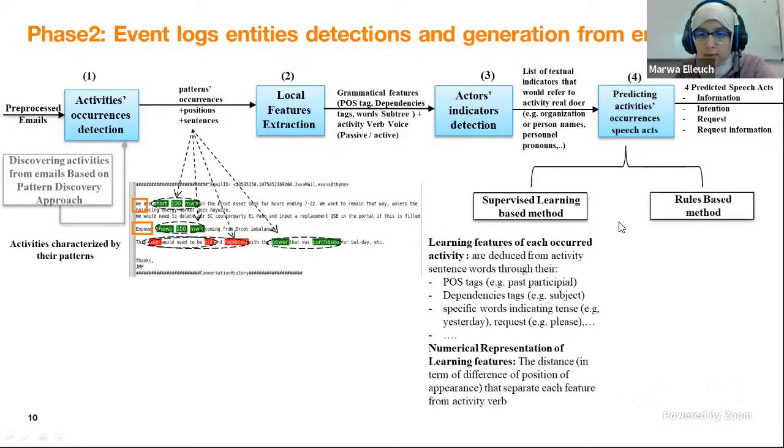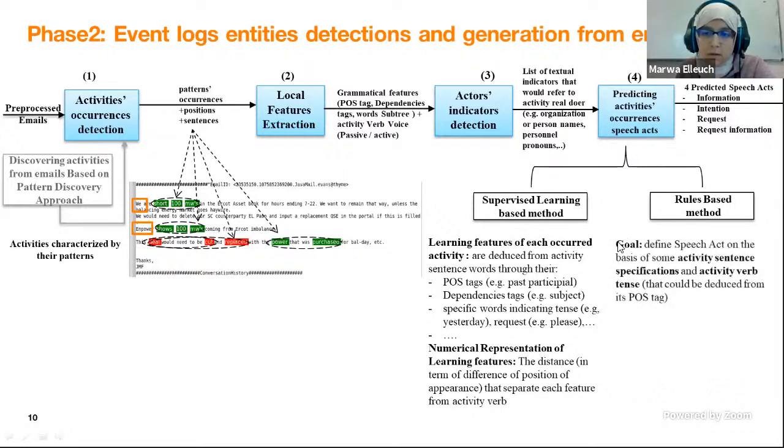Our second method is based on defining a set of rules that we have summarized in the form of a decision tree. The idea here was to define the speech act on the basis of some specifications of the sentence where the activity has appeared, and also the tense of the activity verb.